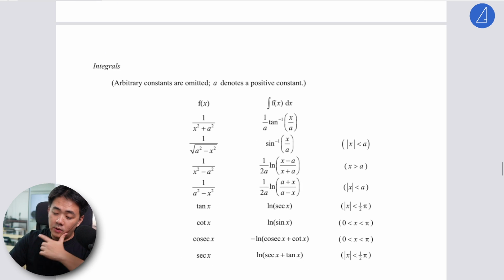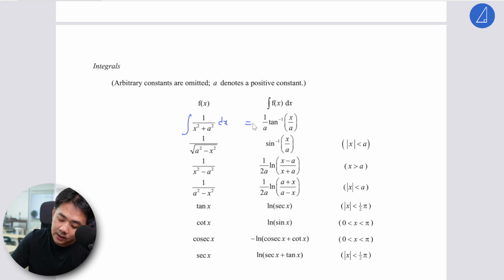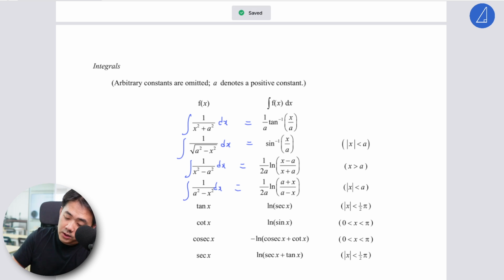So for the integrals, understand this, because integrating this guy will give us this guy. Integrating this guy will give this guy. This guy integrating will be this guy. This guy integrating will be this guy. Okay, how do we show these two? Actually, this one is very simple.